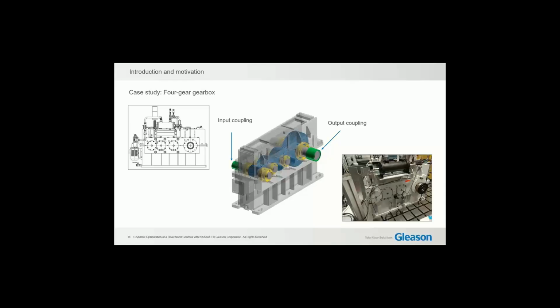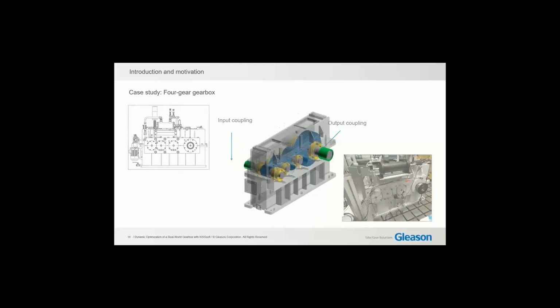The input and output couplings are also highlighted for clarity. At the bottom right, the experimental setup is shown, a fully assembled gearbox used for dynamic testing and validation. Overall, the gearbox represents a typical speed reducing system with a transmission ratio of approximately 3, which makes it well suited for analyzing vibration and noise behavior under realistic operating conditions.